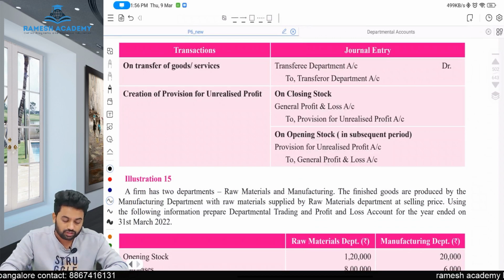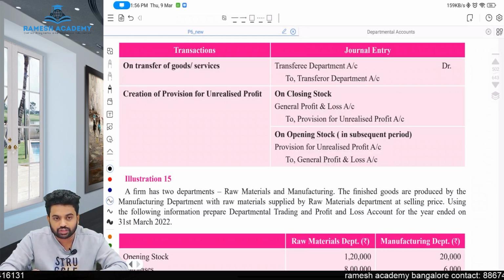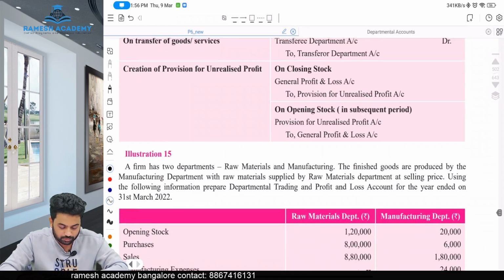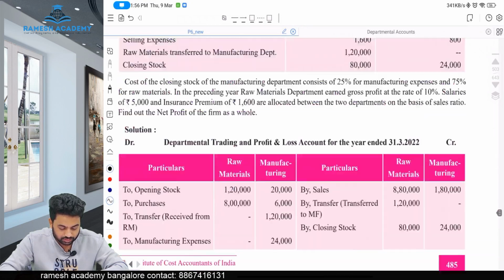One, when you transfer the goods: Transferee account debit to Transferor account, the giver of benefit. Creation of provision for unrealized profit: General P&L account debit to Provision for unrealized profit. For opening stock: Provision for unrealized profit to General P&L account. That's it.